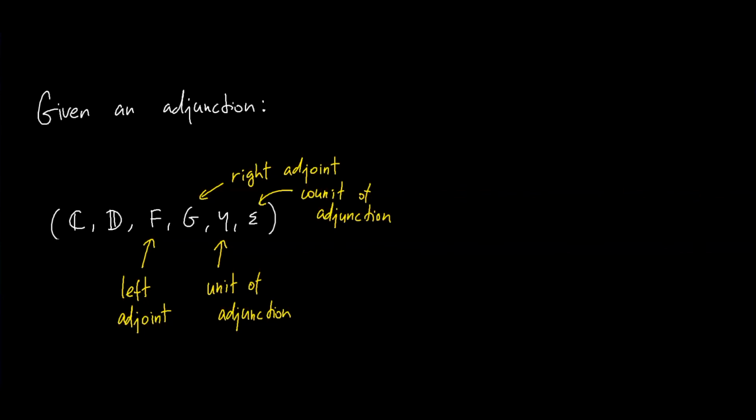So let's now look at the preorder side of things. Let's take a situation where the categories C and D are preorders. And in fact, let's take very simple preorders, the ones that are familiar to us maybe from early childhood, the preorder of natural numbers.